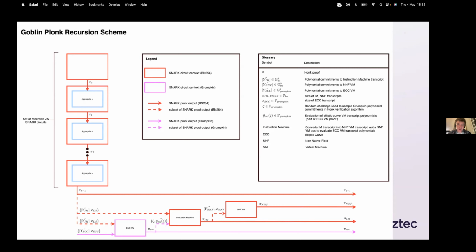Yeah, so the thing I'm thinking about here is that if you wanted to use Hypernova for IVC, you need one non-native scalar multiplication for each fold, which isn't very much work, but zero work is better. So instead of doing that, you just use Goblin PLonK.